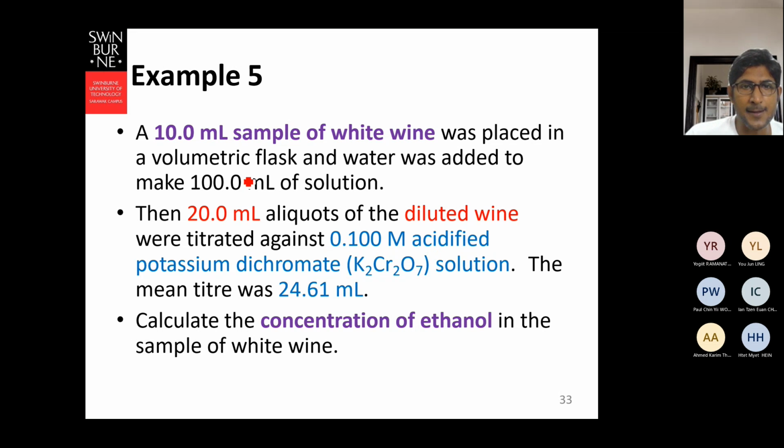Because I need this hydrogen ion to produce water; otherwise the reaction will not happen. Acidified means we put sulfuric acid, or maybe HCl. And 24.61 milliliters of dichromate was needed.